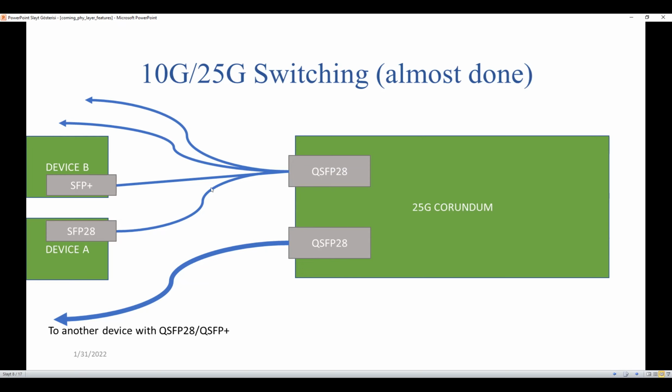So we might have breakout cables, or we might have single SFP+ or SFP28 connectors. But the idea is that each channel should have independent 10G, 25G switching.